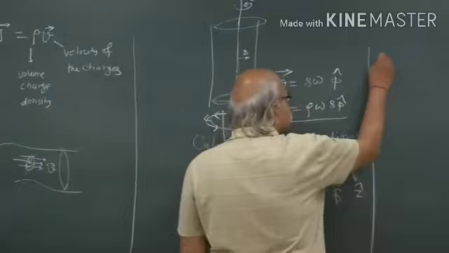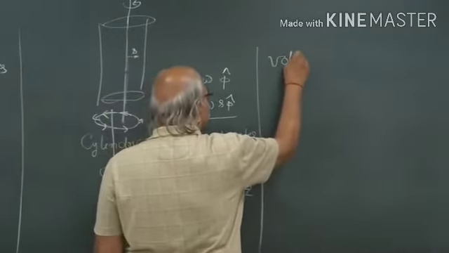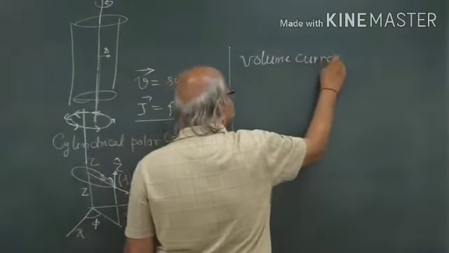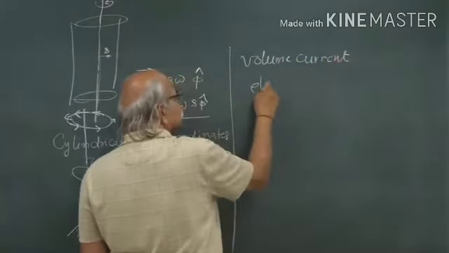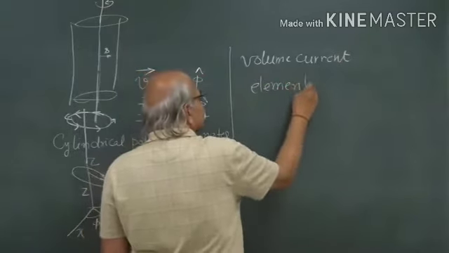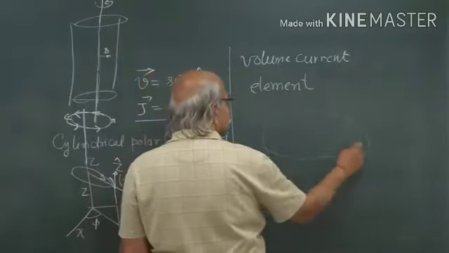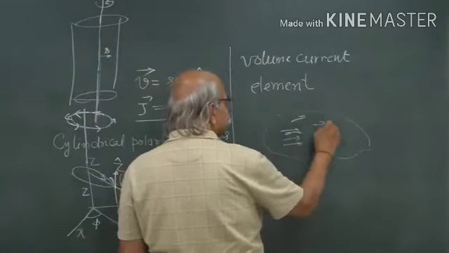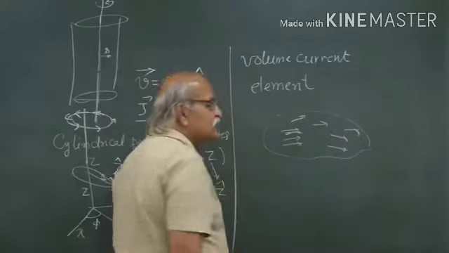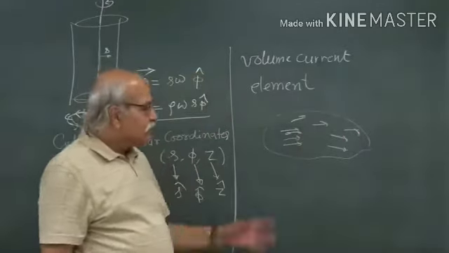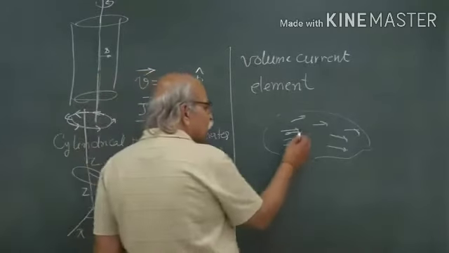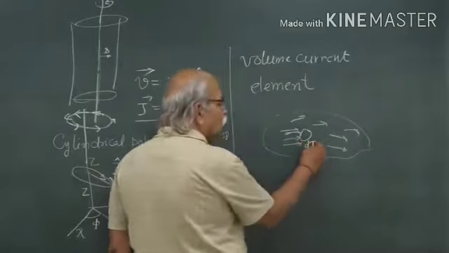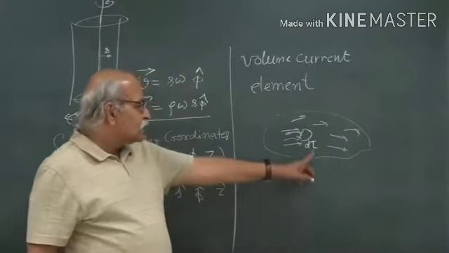There is another term which will be used, and this is the volume current element. What is that? You have a certain volume, the current is there, and the charges are moving. In this volume, you take a small volume which will be written as d tau. This is the Greek letter tau.